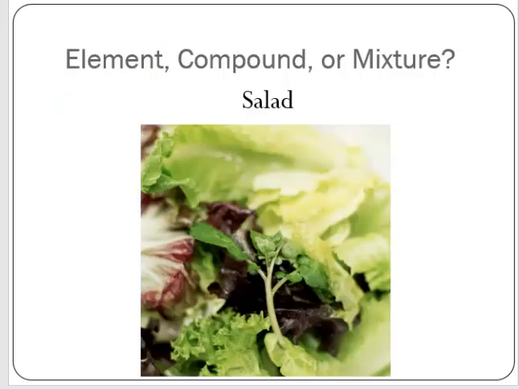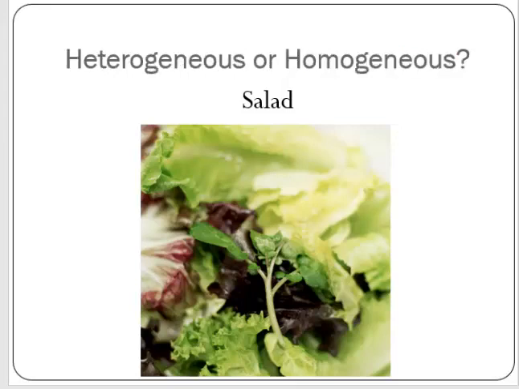All right, let's go to the next one. Ooh, this looks yummy. How about salad? Salad. Element, compound, or mixture? Did you say mixture? You are correct. Follow up. Heterogeneous or homogeneous? Did you say heterogeneous? That is correct. All right, let's do another one here.